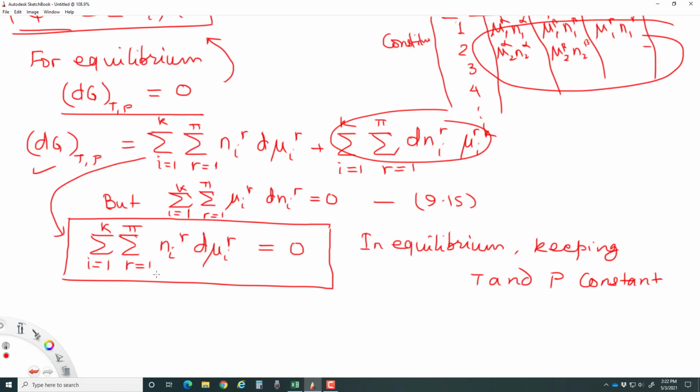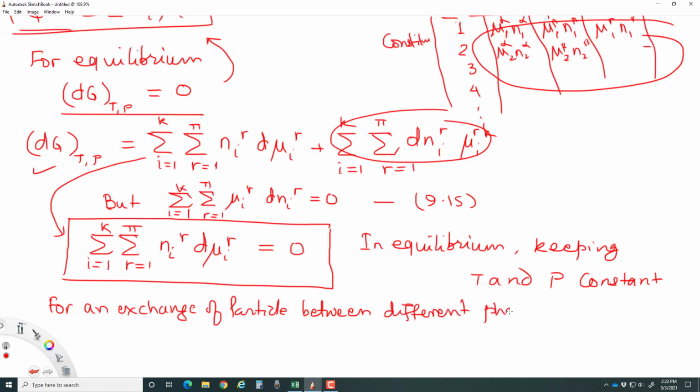For an exchange of particles between different phases of a constituent, the change in the total number of that particular constituent is 0.